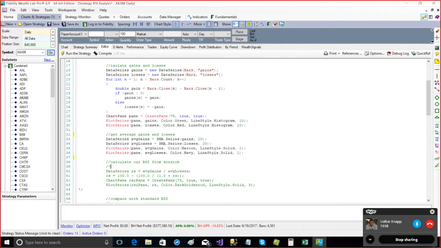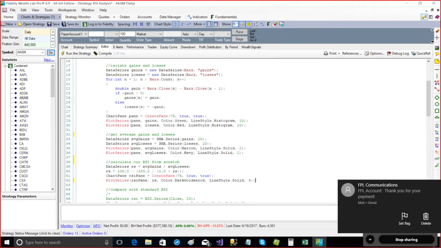So the next step is we're going to calculate the basis of the RSI, how the original RSI creator computed it. First we get this RS, which is the average gains divided by the average losses. Then we use this formula: 100 minus 100 divided by 1 plus RS.